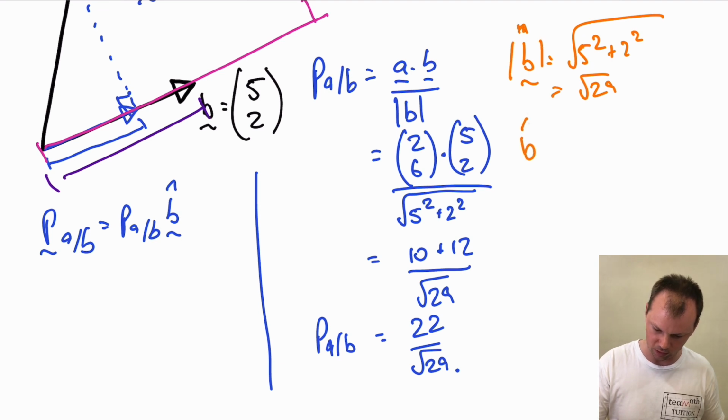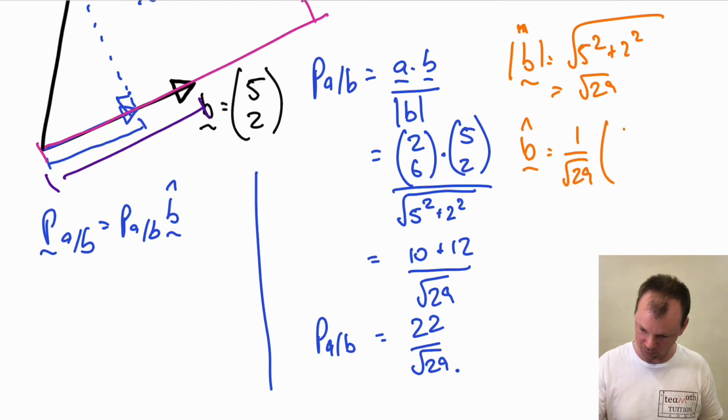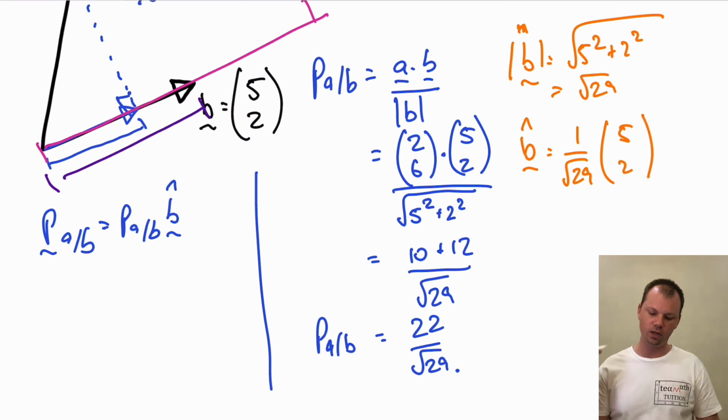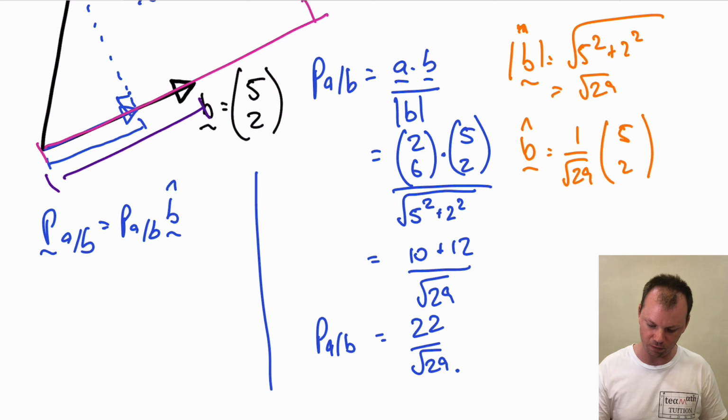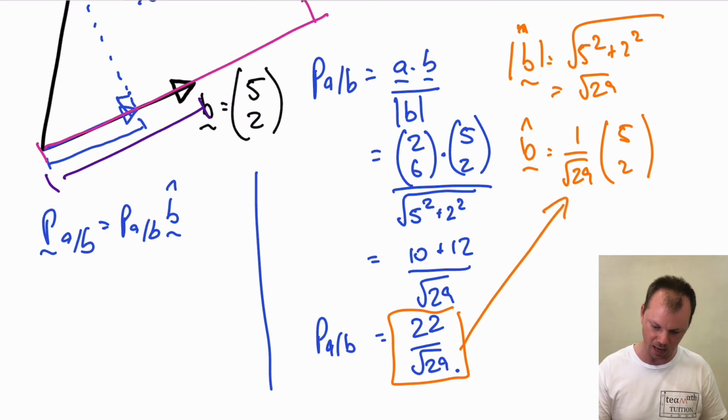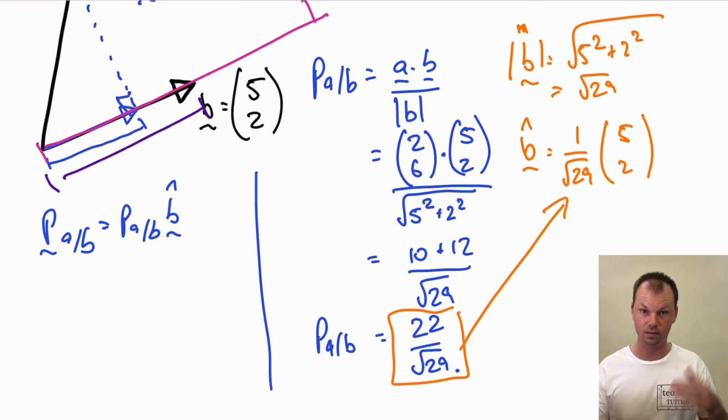So the unit vector is 1 on root 29 times 5, 2. Now, when you're doing this, it's very convenient not to rationalize this, because notice when I multiply this by that, the root 29s are going to multiply together to become rational.